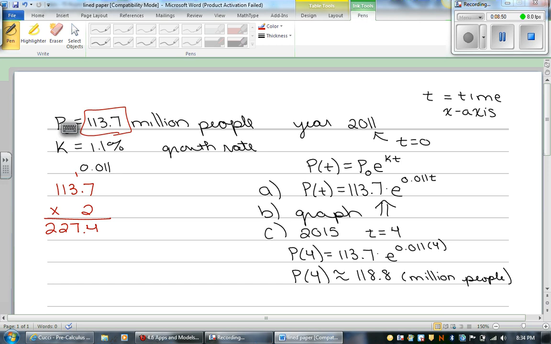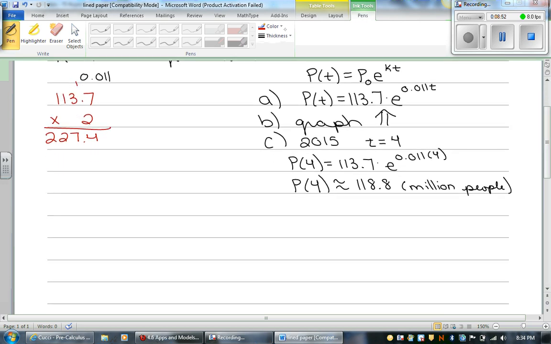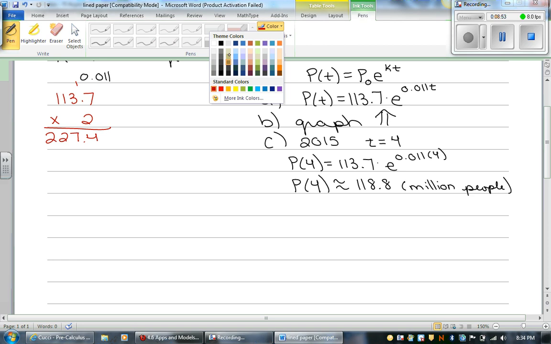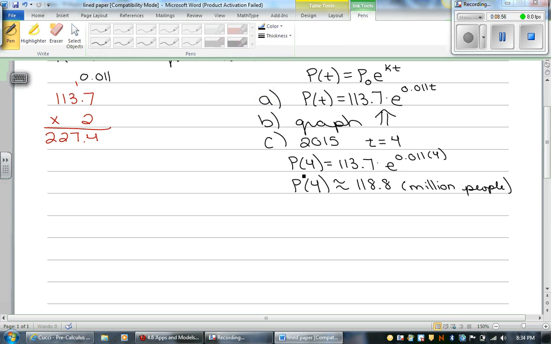Okay? So that's my P of t. That's what I want my population to be. So I can actually set this equation equal to 227.4. And I want to know in what year. So what I'm solving for here is t.